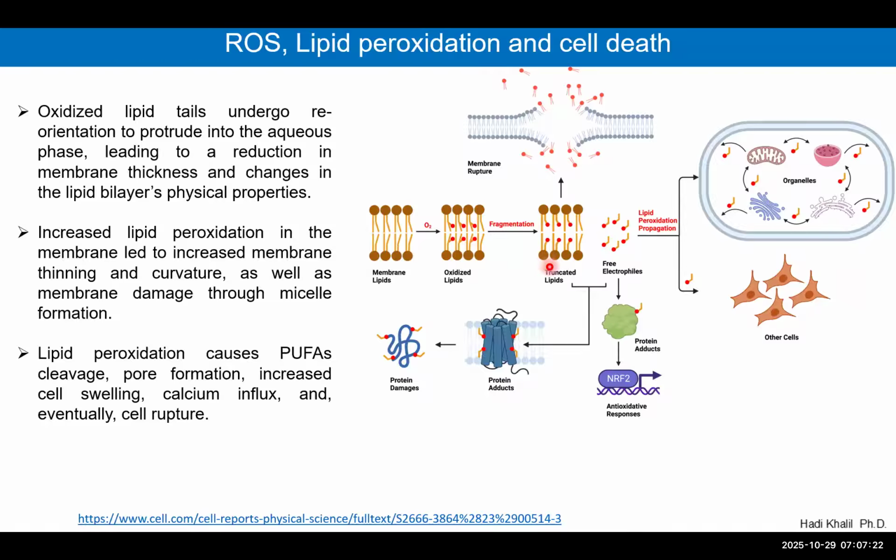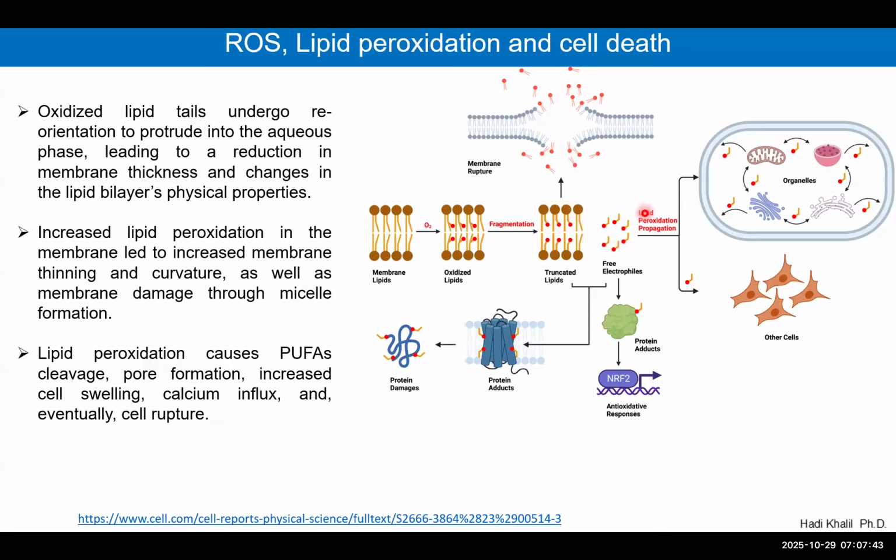And since they are truncated, this is probably a possibility where these lipids can form reactions with each other. And since they are hydrophobic, they can probably form blebs or micelles, which could make this membrane break.